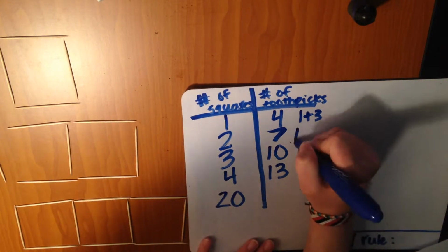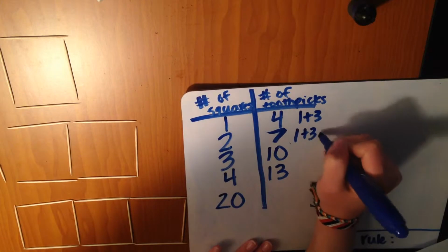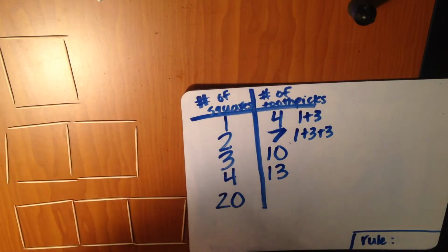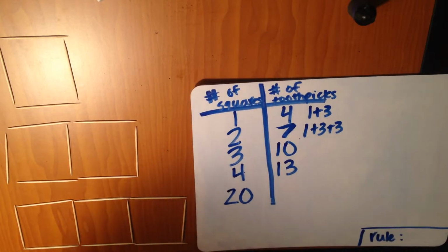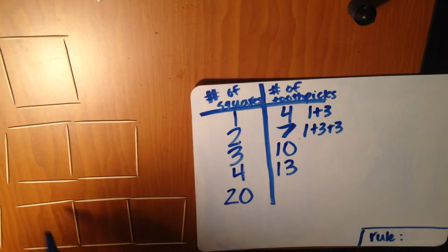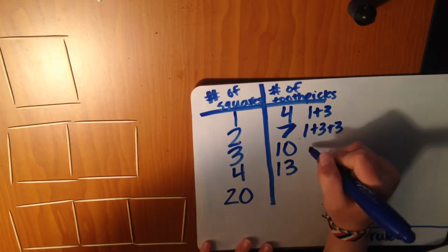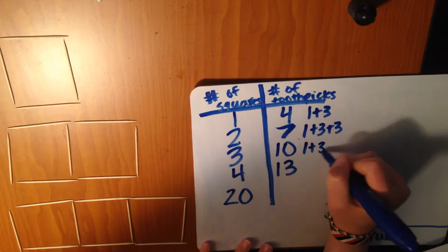So I'm going to write that down: 1 plus 3 plus 3. I can do the same thing for 3 squares: I have 1 plus 1, 2, 3, 1, 2, 3. And I know that I can write that down this way.